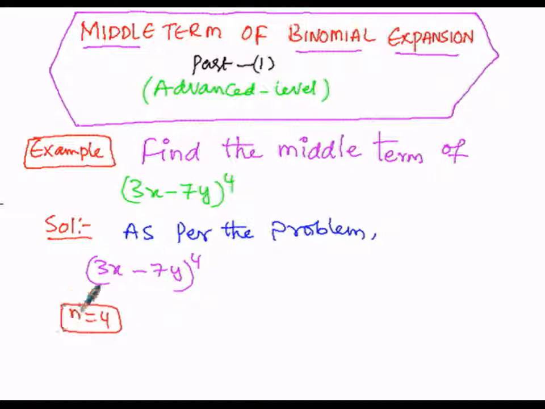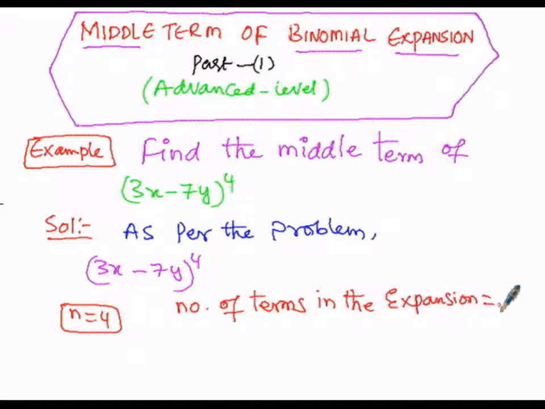Here the number of terms in the expansion is one more, that is 1 plus the n value of 4. So n plus 1, that is 4 plus 1 equals 5. So there are 5 terms. I am going to assume the number of terms as capital N. So capital N is equal to 5.